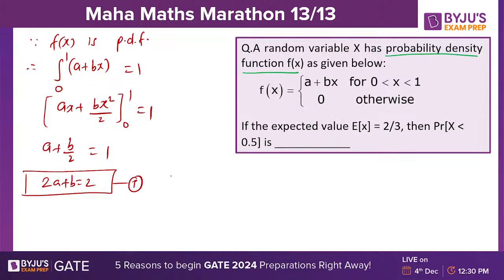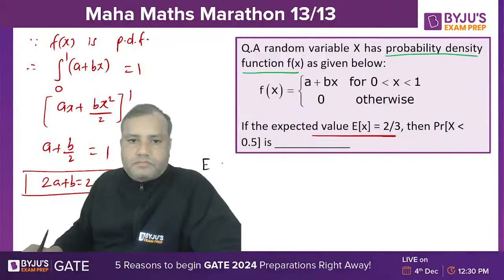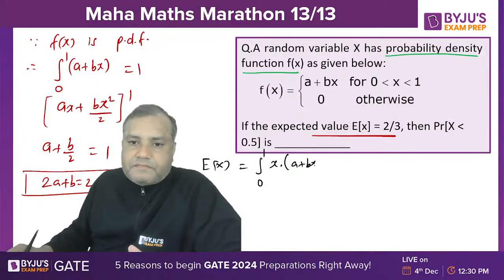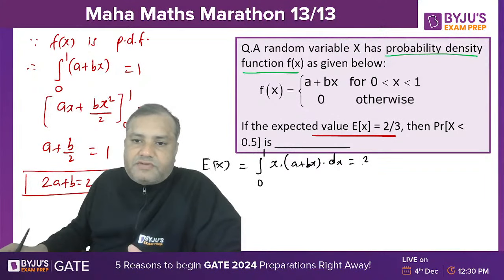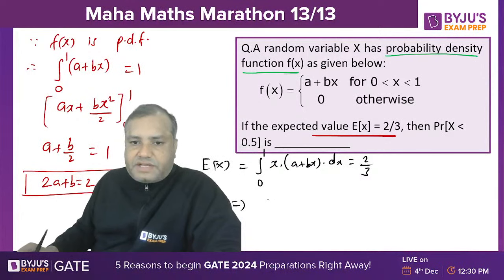Now another equation will be: expected value of x is 2 by 3. Expected value means expectation of x. So integration from 0 to 1 of x into f of x, that is a plus bx, dx, is equal to 2 by 3. So students, ax integration will be ax square by 2.